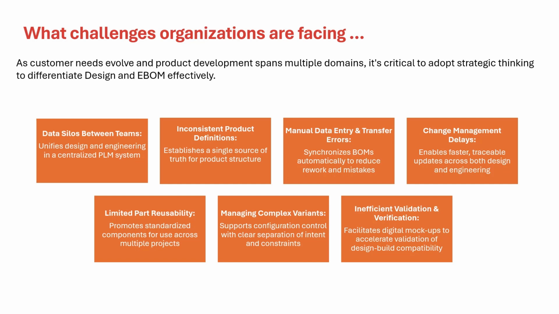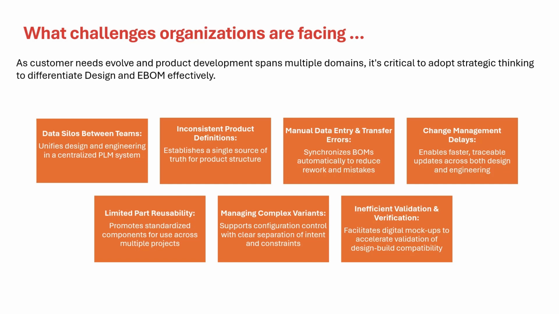Without a shared understanding of product structure, inconsistencies arise. Establishing a single source of truth ensures that all stakeholders are working from the same and accurate product definition. There may be manual entries and transfer errors, which lead to inefficiency.